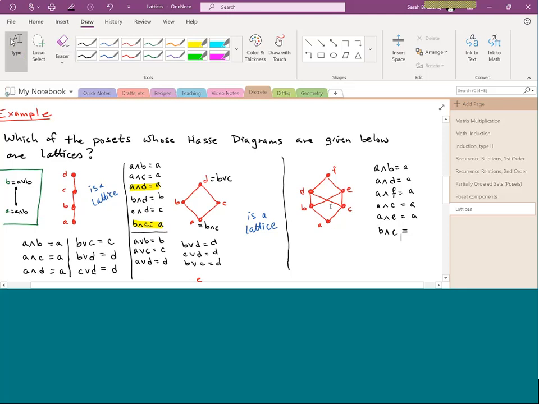Now B and E forms a chain. B and D forms a chain, so we know both the meet and the join would be just fine. B to F forms a chain, so the meet here would still be B. And that takes care of all of those cases. So I'm just going to write down the B to C one because that one's the interesting one. Now, if we look at B and C, anybody have a guess on what the meet is of B and C?